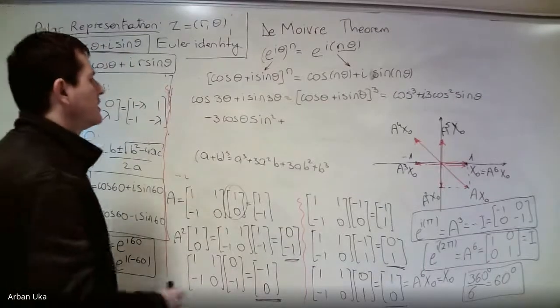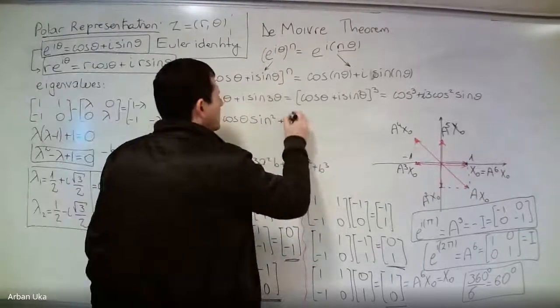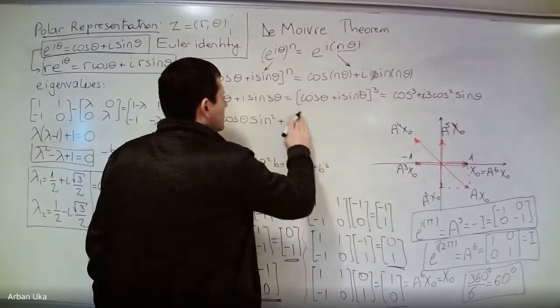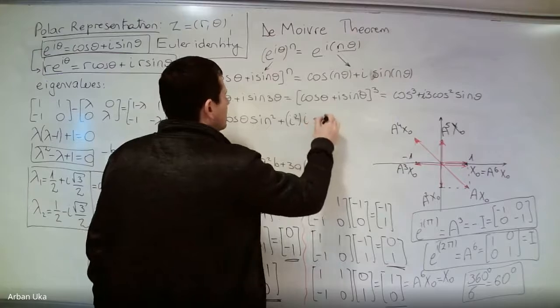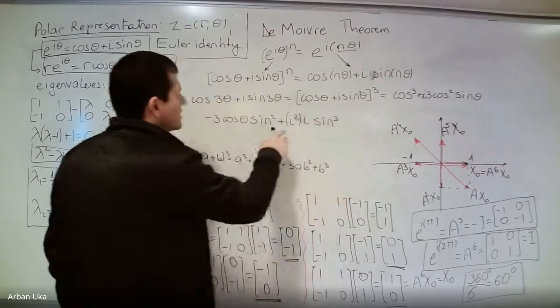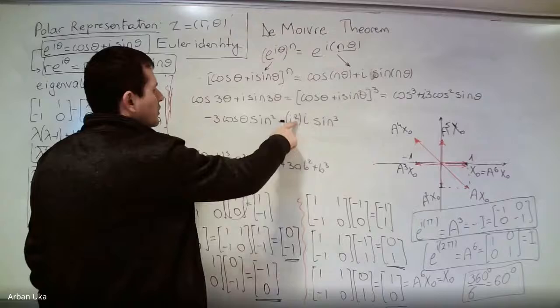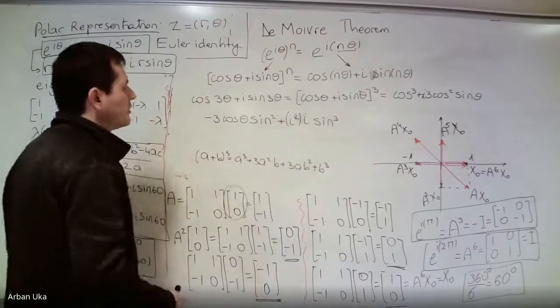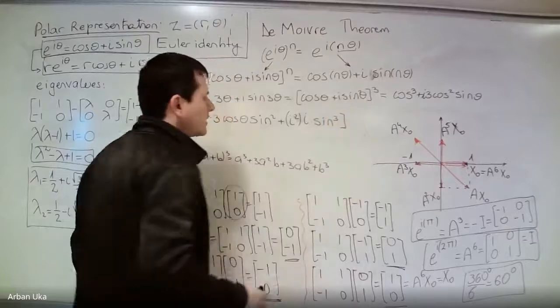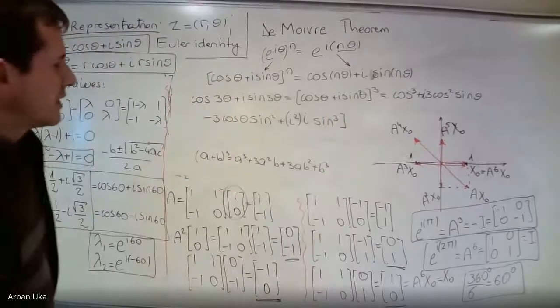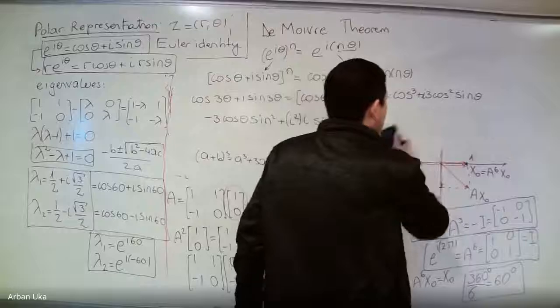B cubed is i cubed times sine cubed. I squared is minus 1, so we're left with only one i.